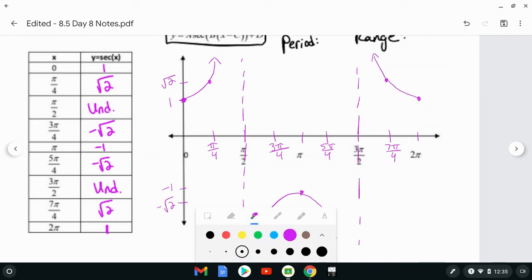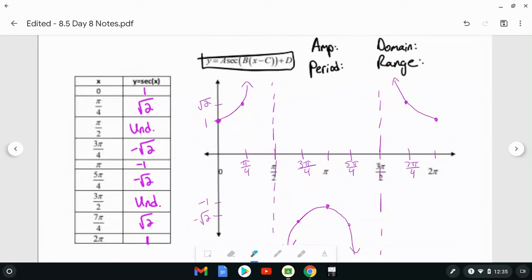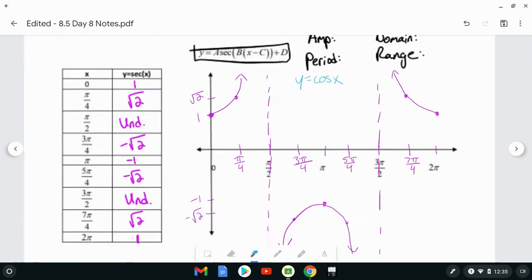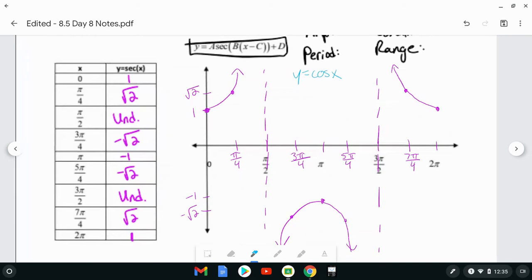But again, if we represent it based on its counterpart, cosine of x in the blue, remember for just y equals cosine of x, you start up high, you're going to come down through pi over 2, because cosine of pi over 2 is 0.